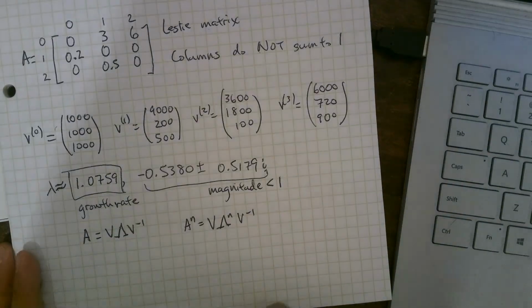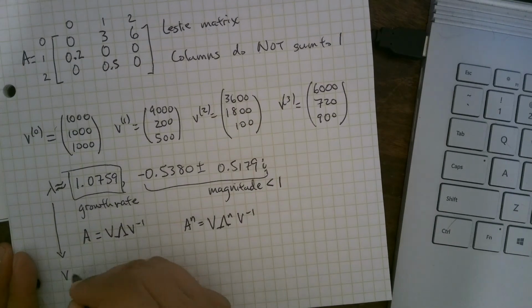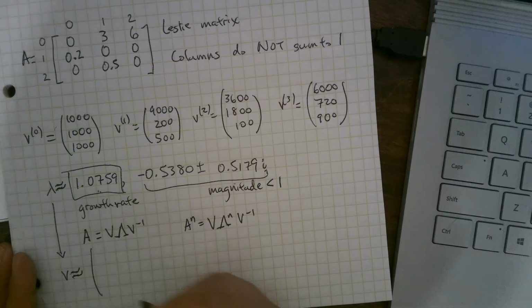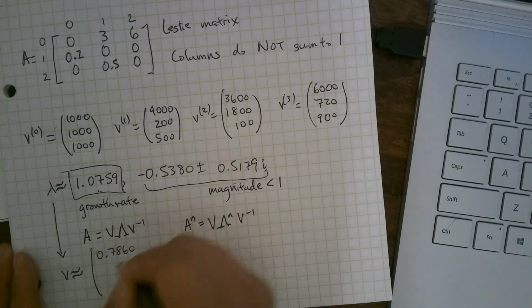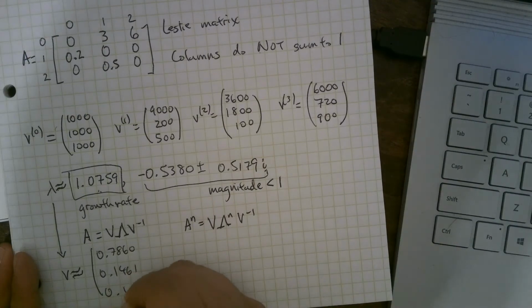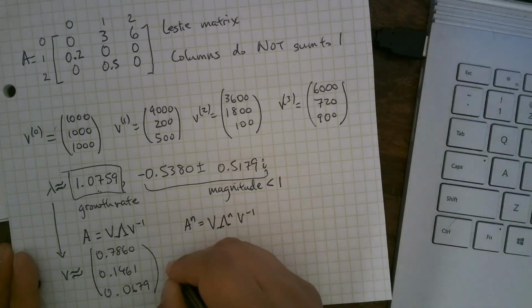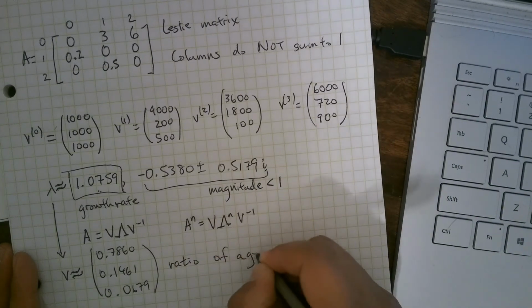And then we can find the eigenvector corresponding to this eigenvalue. Sorry, I'll put approximately equals again because they're going to be ugly decimals. 0.7860, 0.1461, and 0.0679. And this is going to give us the ratios of the ages in the end behavior.